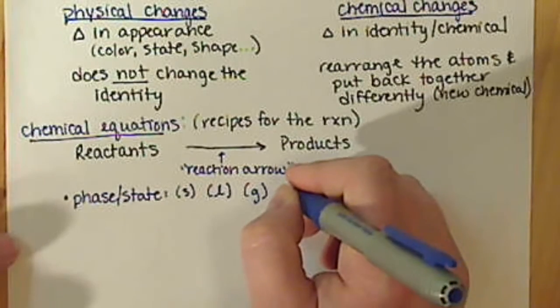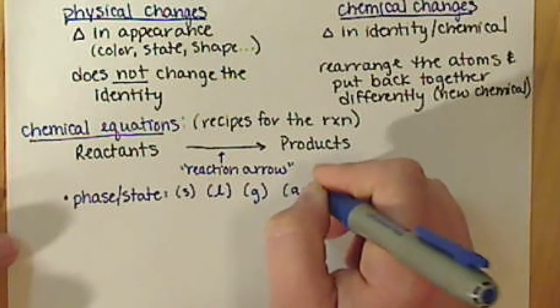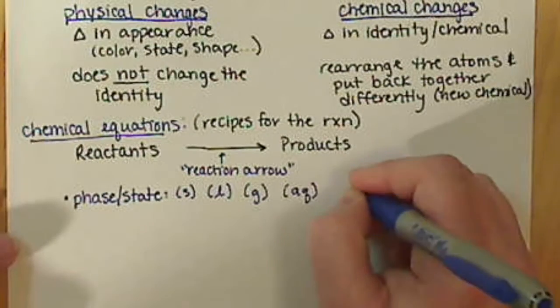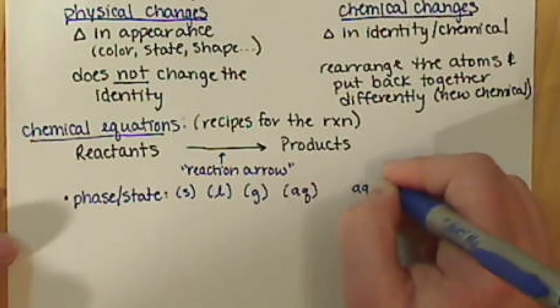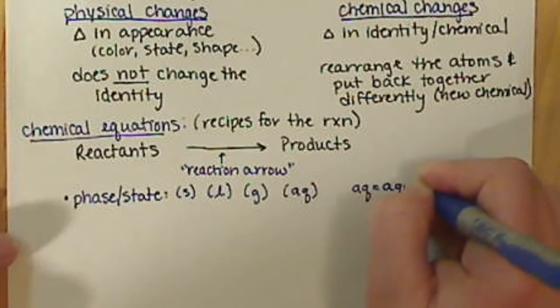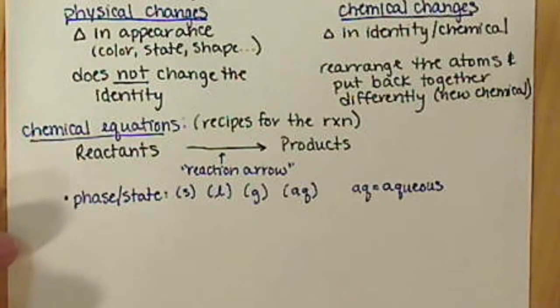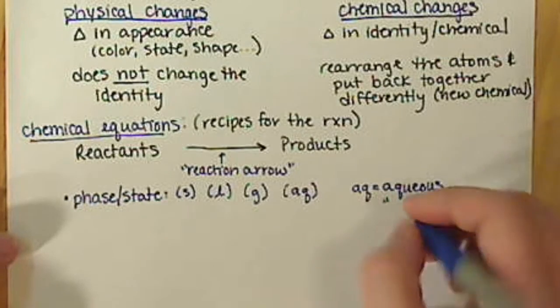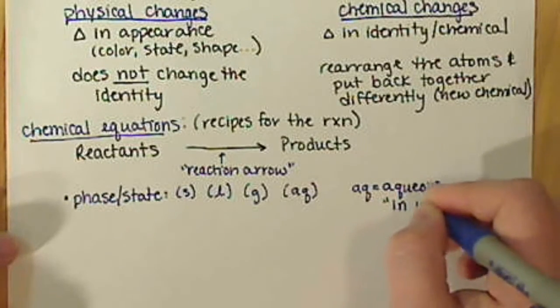We have a fourth phase or state, and this is called aqueous. So AQ means aqueous. What it means is whatever component is aqueous is in water.